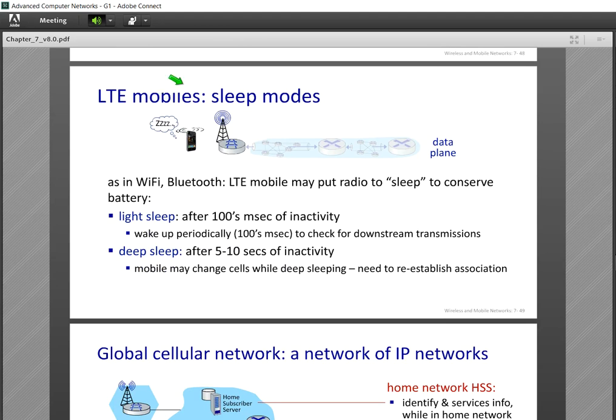One of the main specifications of LTE is the sleep mode. We talked about sleep mode in Wi-Fi and Bluetooth in the past lectures.